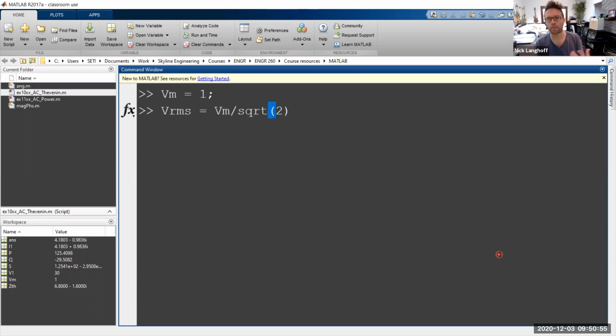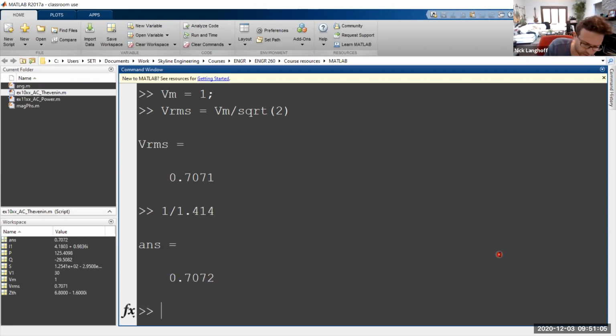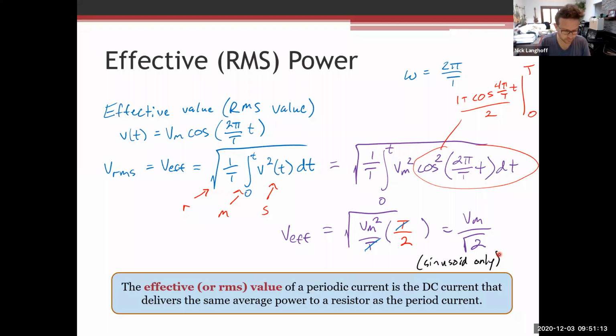The square root of 2 is 1.414, and 1 over 1.414 is, with a little round off because I was using the square root function, 70.7%.